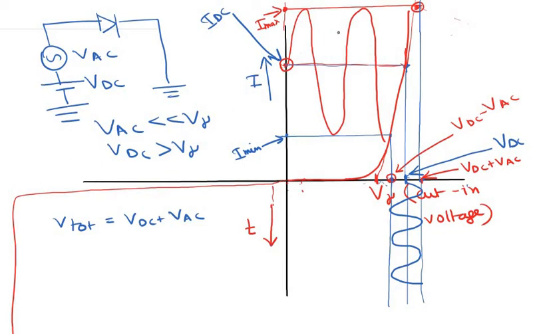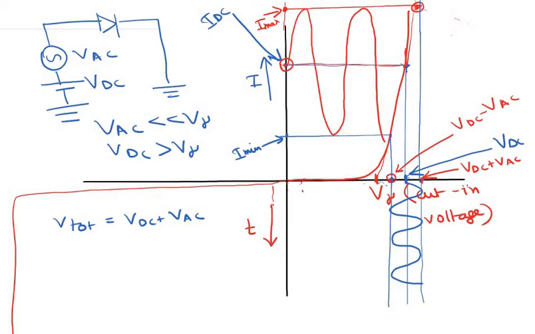By putting the DC voltage in series with the AC voltage, we are first bringing the diode to the low resistance regime, where the applied voltage is greater than V gamma. We are crossing the cut-in voltage V gamma, and then by putting the AC voltage, we get a large component of the AC current.